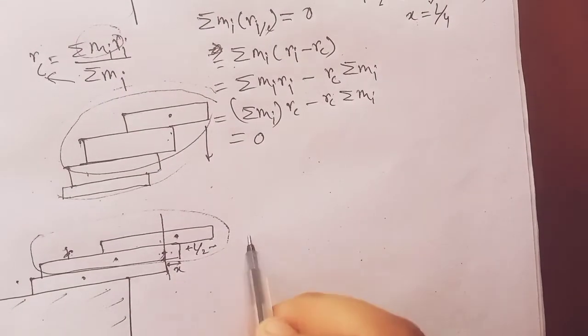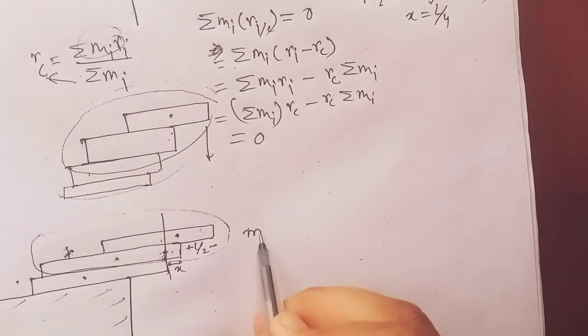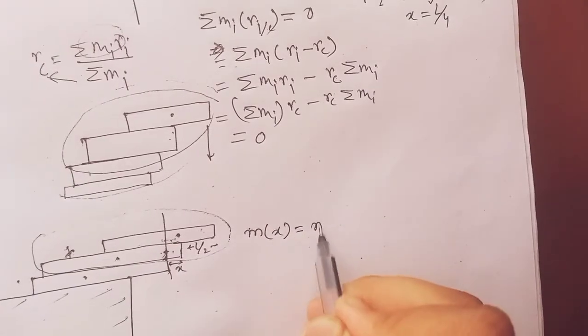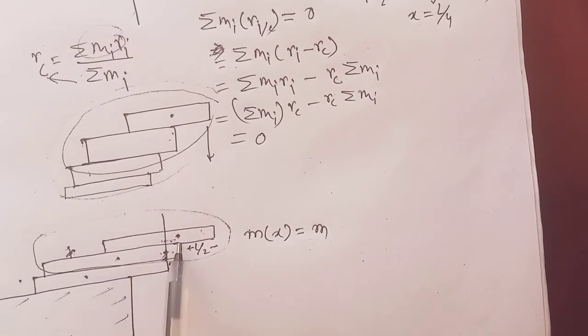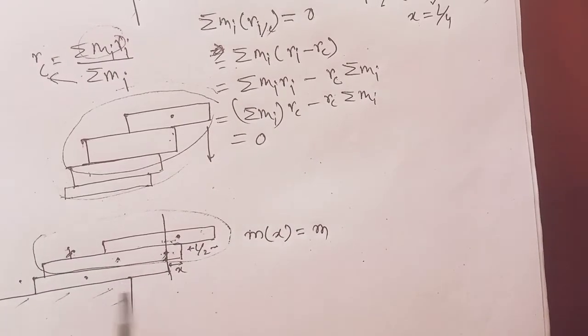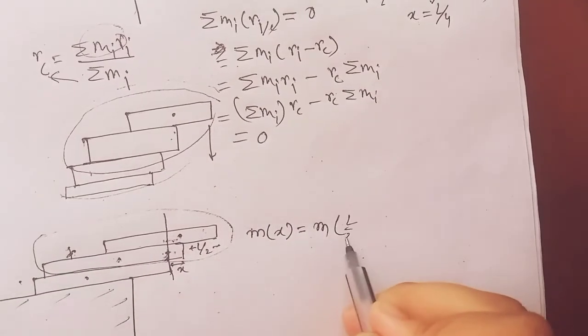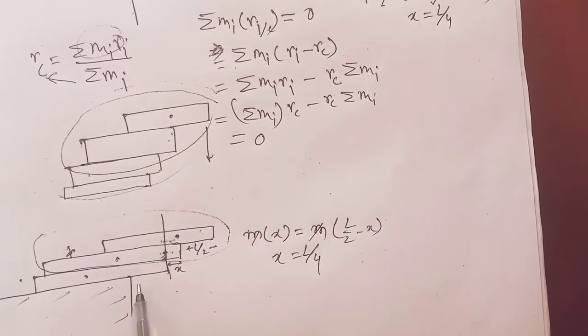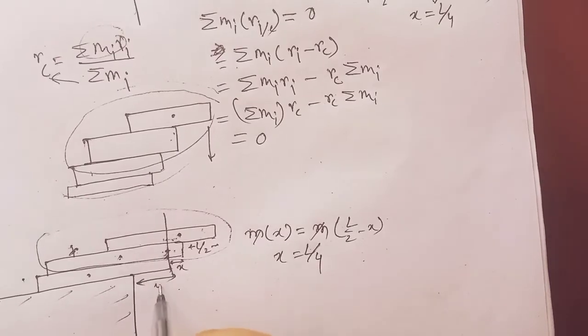Using that, I can say that this block's mass is m and its center of mass is at a distance x, and that must be equal to this block's mass m at a distance of L by 2 minus x. So x turns out as L by 4. Now I want to know what is this distance. Why?